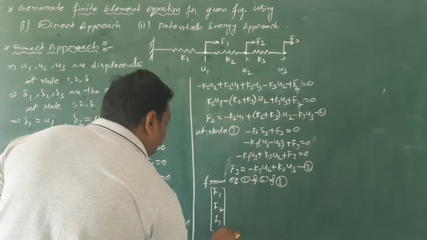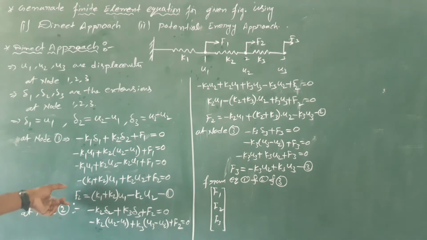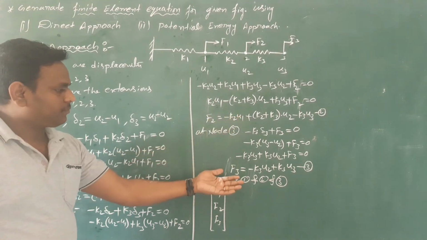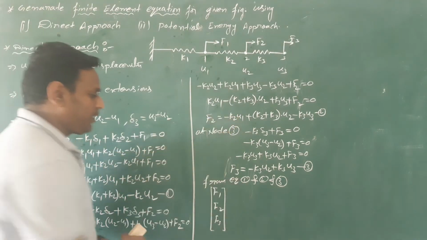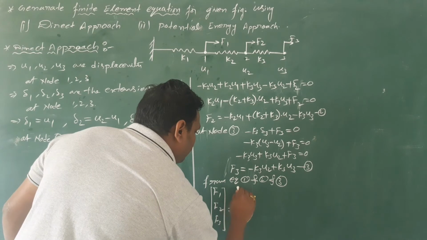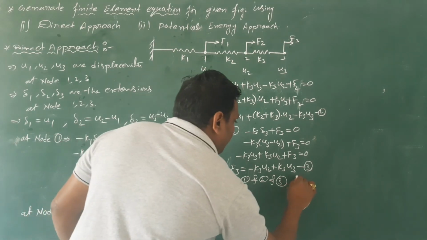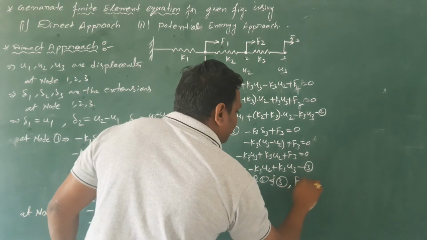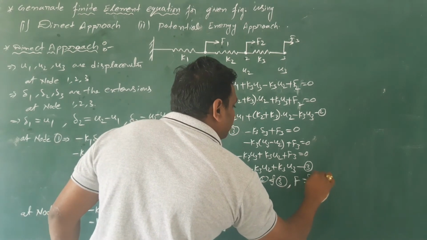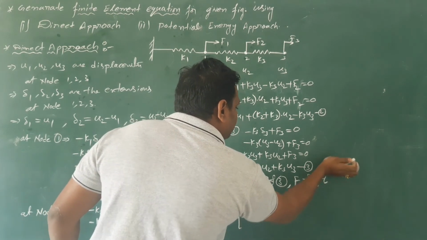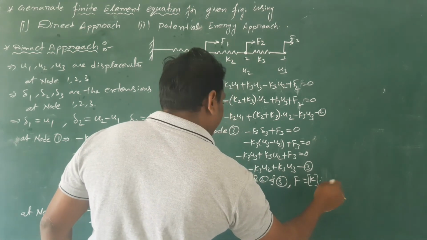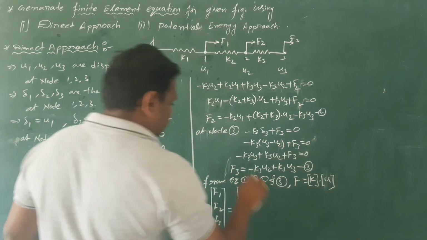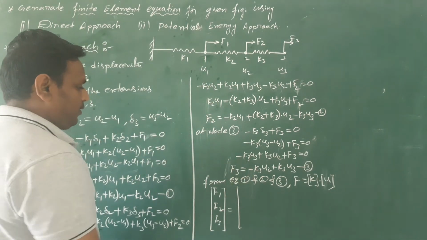Let's write them in a matrix form. We know that the finite element equation means F is equal to A into U.